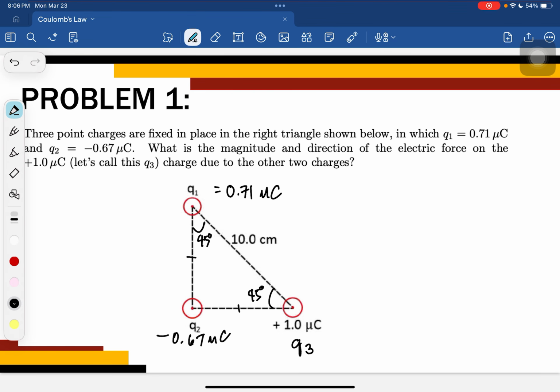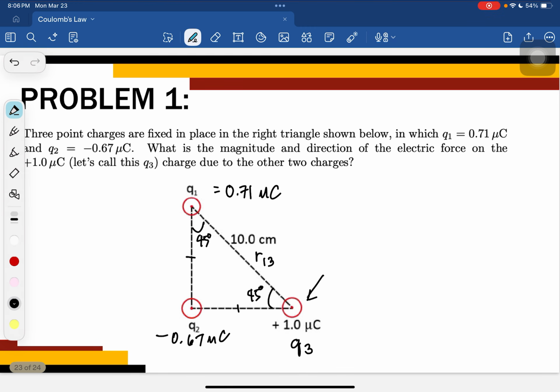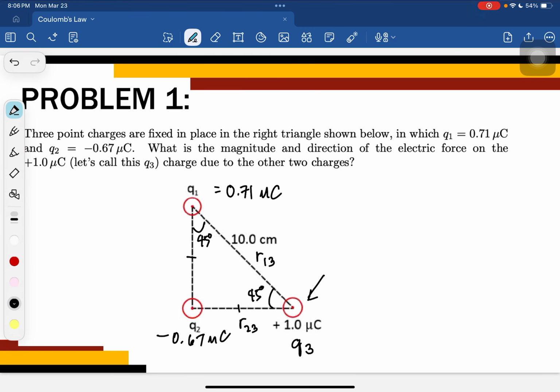So let's solve for this one. We can call this R13, since I also need the distance between Q2 and Q3, because the reference charge will be Q3. We're solving for R23, and from our Pythagorean theorem or law of trigo functions, we can solve for R23.